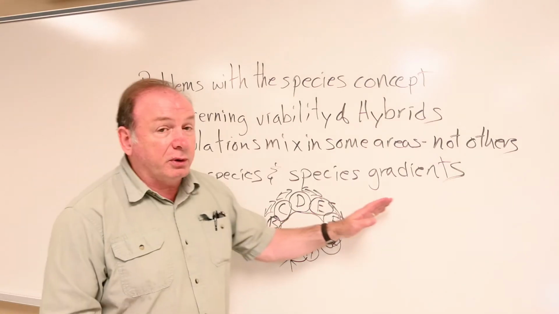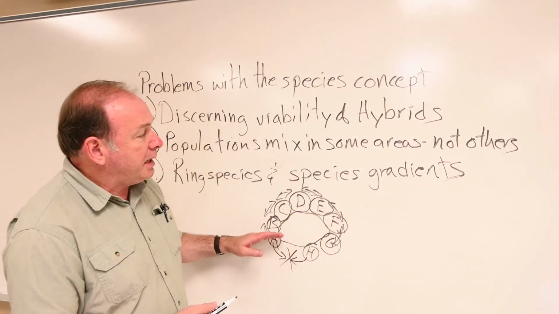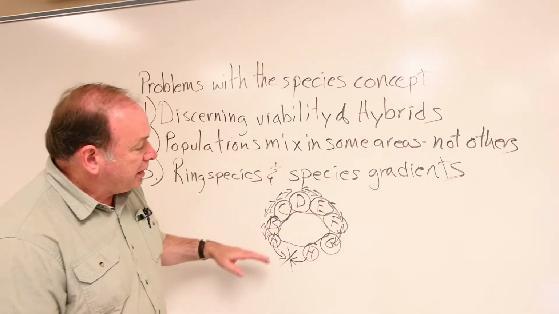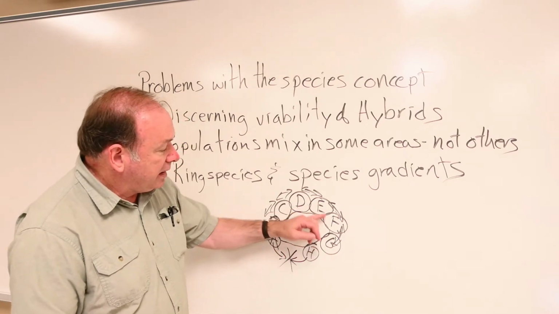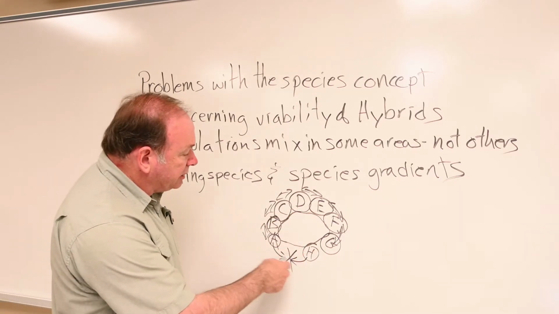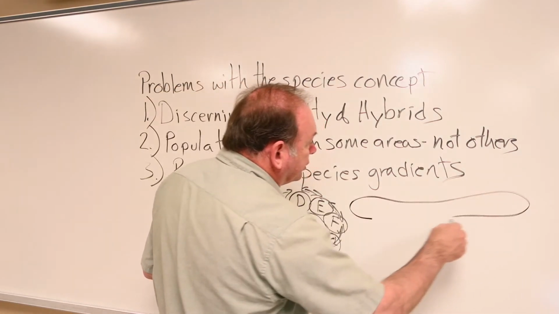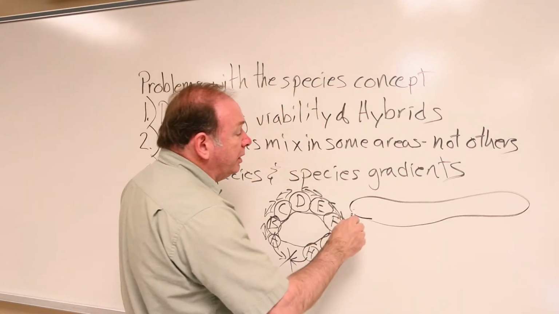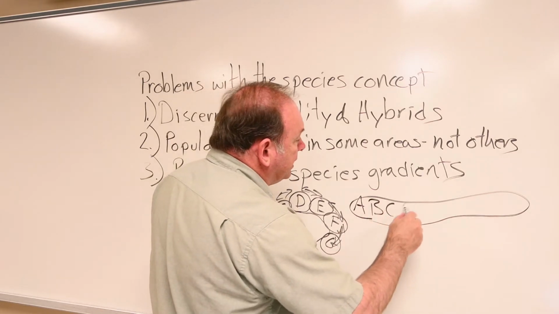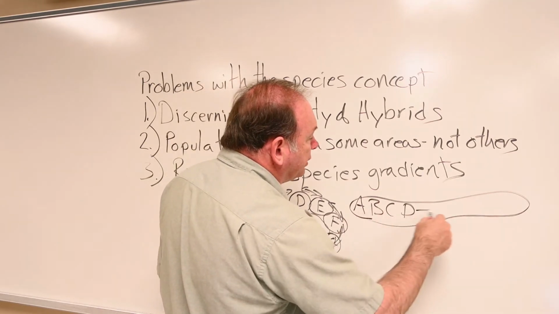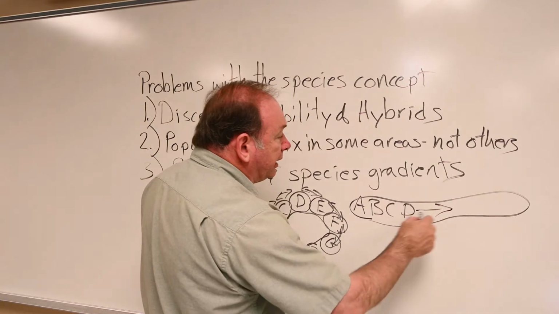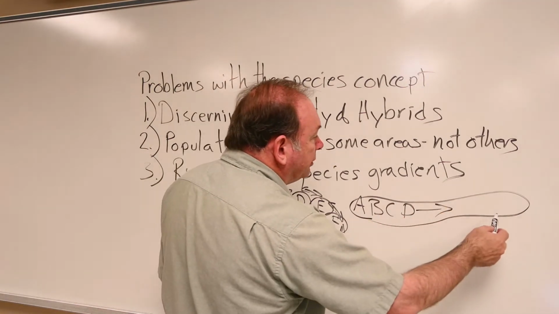A similar sort of thing can occur in a gradient, where instead of it being in a circle like this, where the two populations come together there, we just have a species that occurs over a long distribution with A, B, C, D populations as you go across here, and these mostly interbreed with one another all the way down to the end.